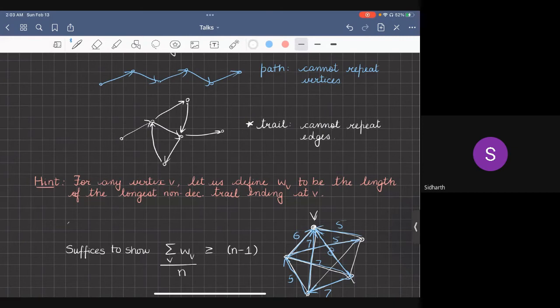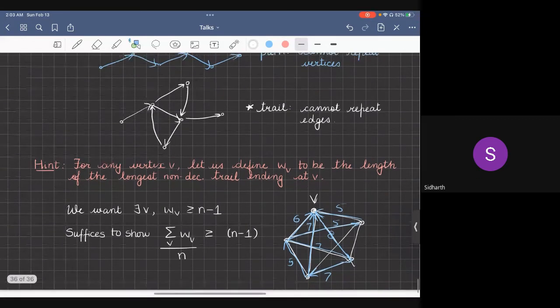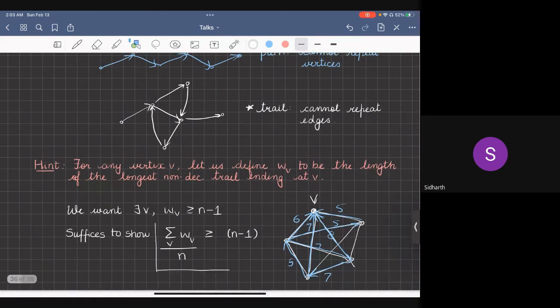So we want to show there exists a v such that w(v) is at least n minus 1, and that is implied if it is true that the average of w(v) is at least n minus 1, and in fact, this will be true. So the idea is to show this, and this is sort of like the PHP part of it.